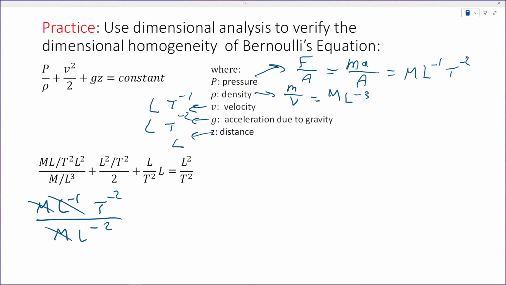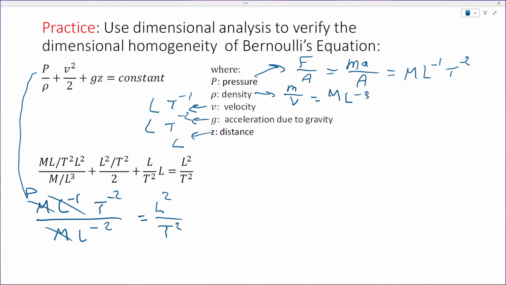Can I just flip it, bring this guy up and this guy down? That will give me L square over T square. So that would be my first term here, the energy due to pressure gradient.